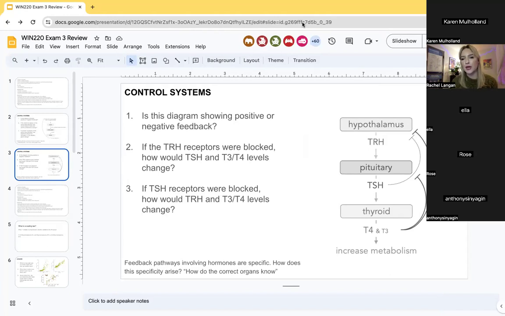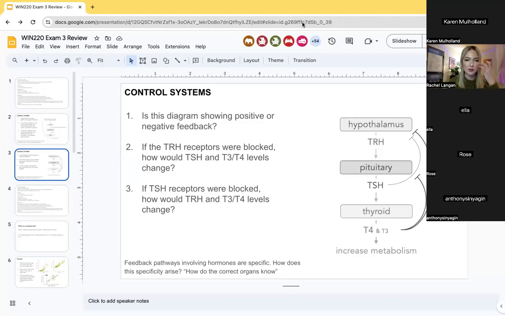So your big giveaway for whether a diagram is negative feedback is, does the thing that results in the end go back and say, stop doing that? Or does it go back and say, do that more, like we saw with the uterine contractions? So here it's saying stop, so it's negative feedback.